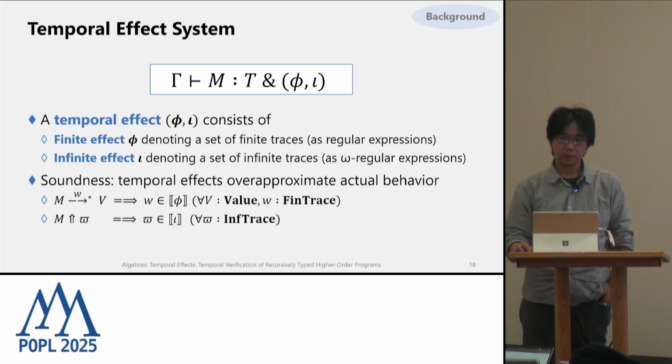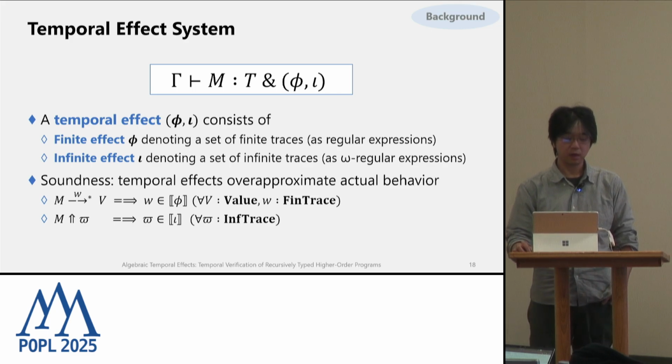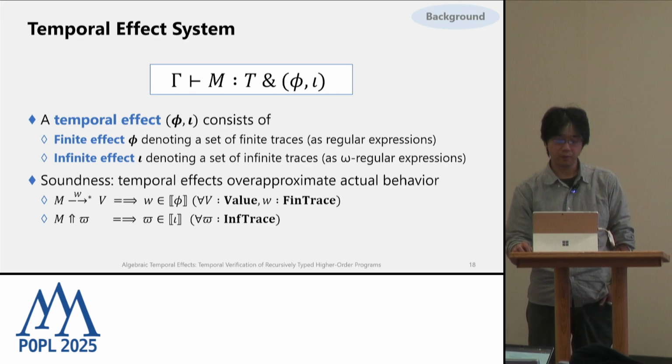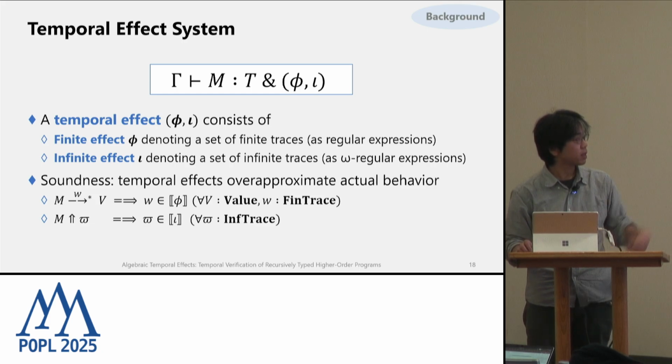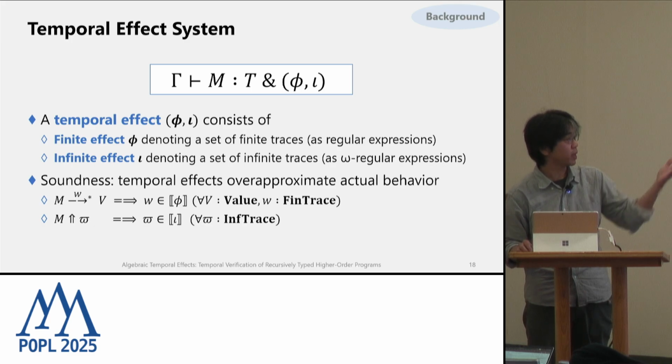The soundness of a temporal effect system means that the assigned temporal effect over-approximates the actual behavior of a program. So if the program generates some finite trace, then it should be included in the interpretation of the finite effect. And if the program generates some infinite trace, then it should be included in the infinite effect, right?